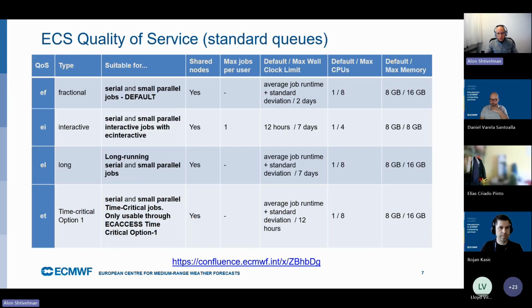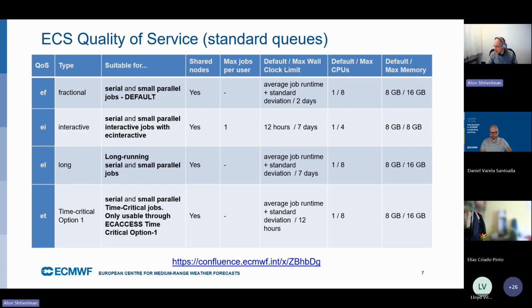As you probably remember from yesterday's session, we basically have two major clusters. ECS is the small one, and it's open for all our users, member states, cooperating states, and so on. On that smaller set of machines, we have several different queues, which we call quality of service.